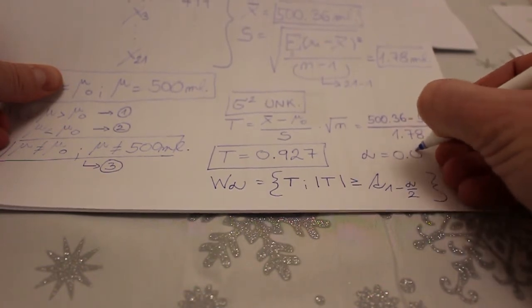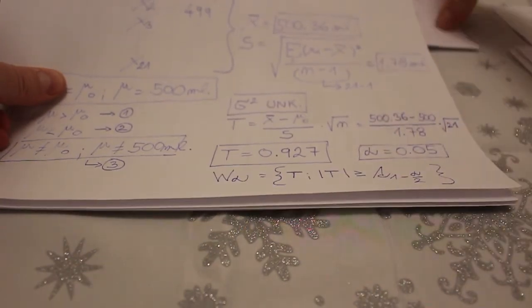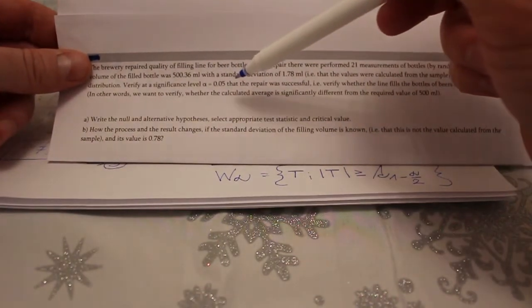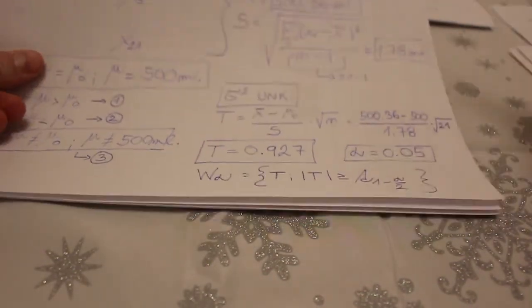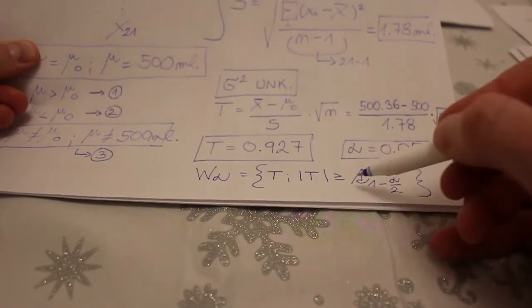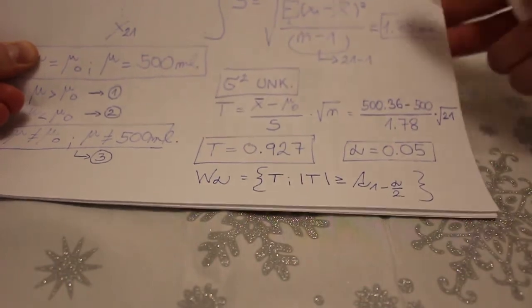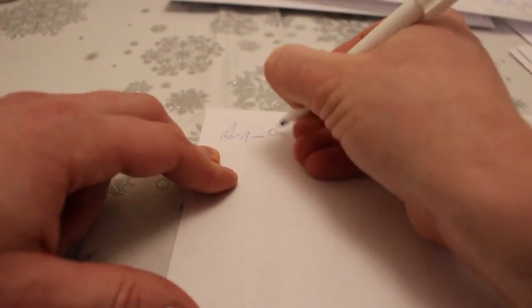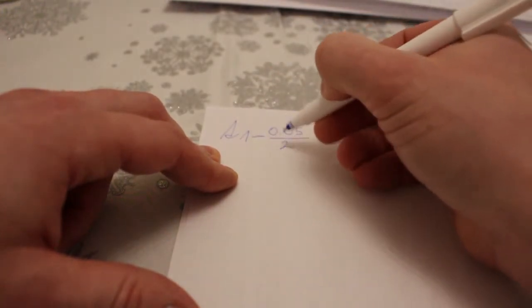Alpha is 0.05. This alpha was written at the beginning of our example: verify at alpha 5% significance level that the repair was successful. So the significance level alpha is 5%. Therefore, this critical quantile will be t 1 minus 0.05 divided by 2, that is 2.5%.